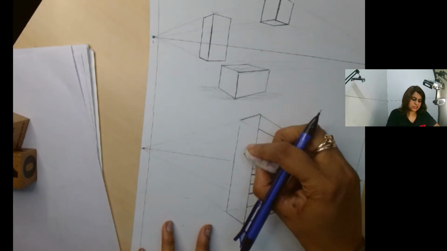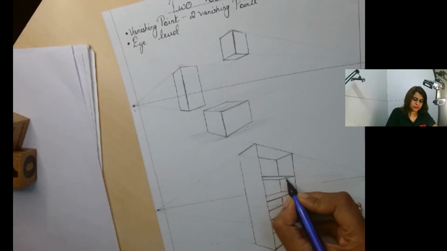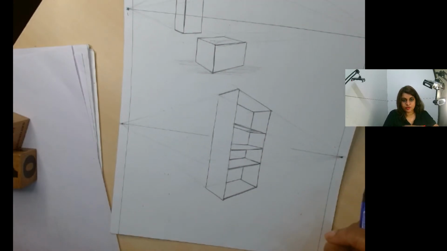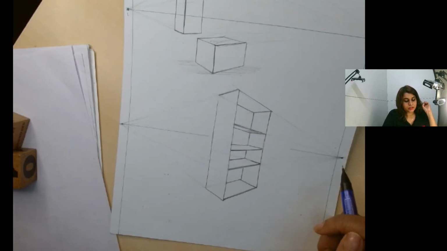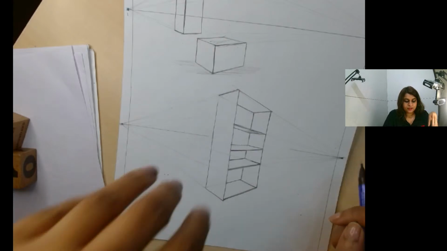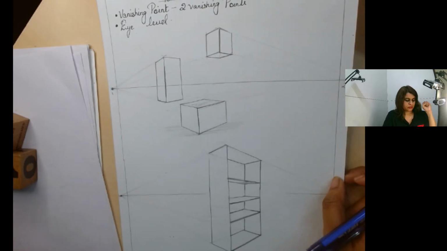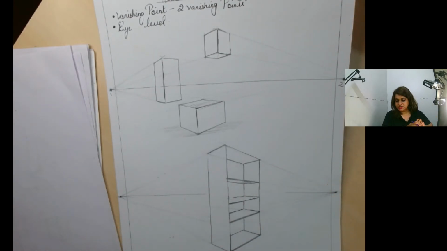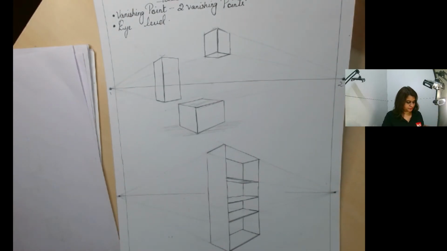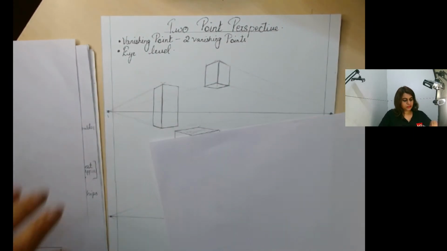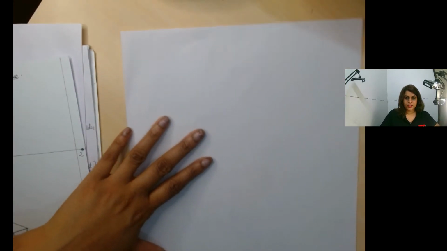So this is how, I'll give a little bit of detailing. So this is an example of an open shelf in 2-point perspective. Practice this so that you get the concept right over here in an easy manner. Now let's try and draw another object, and then we will also be drawing a particular room, interior.